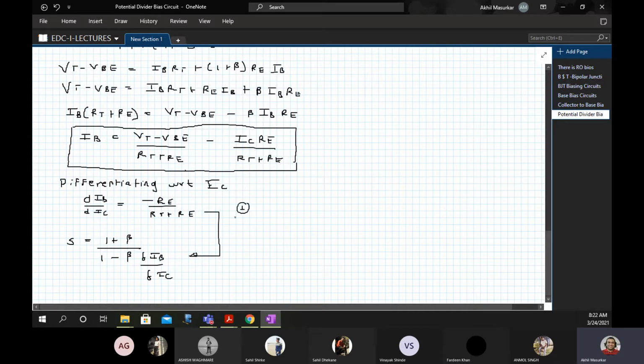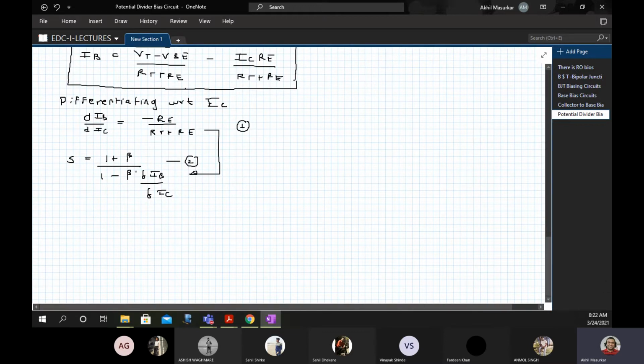So I'll just call this as 1, and this is basically my equation number 2. So when you put 1 into 2, we get S is equal to (1 plus beta) upon 1 minus, minus and minus will become plus, so 1 plus beta RE upon RT plus RE.